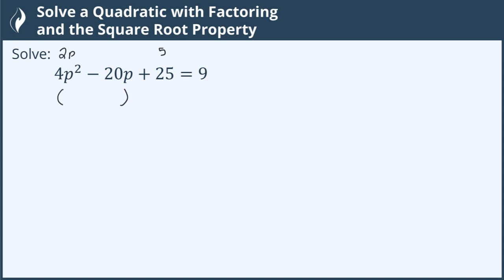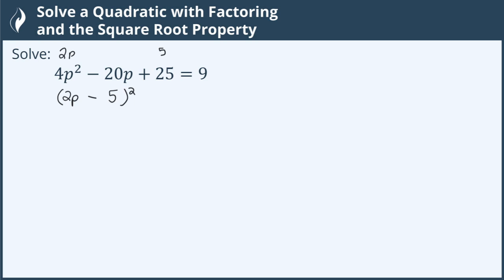And the way that I would know that this is correct is that if I were to factor this, we take the square root of the first term, that'd be 2p, got a minus sign here, and then the square root of the last term, which is 5, and I square it like this.